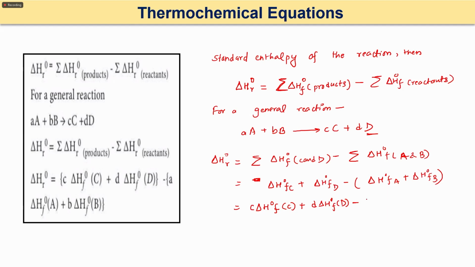Now we have a moles of enthalpy of formation of A plus b moles of enthalpy of formation of B. So this is what we get as the standard enthalpy of your reaction.